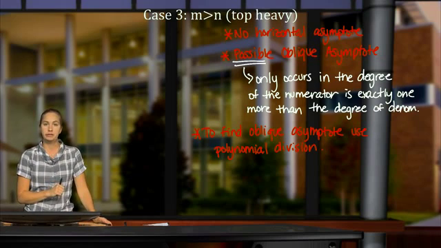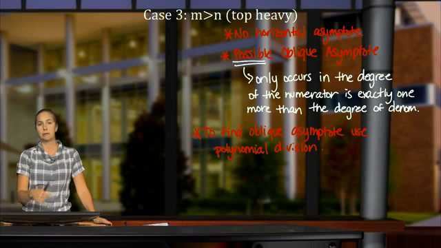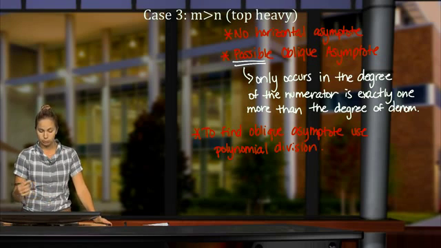Once we perform the polynomial division, we're looking for the quotient without the remainder, and that's what ends up being our oblique asymptote.